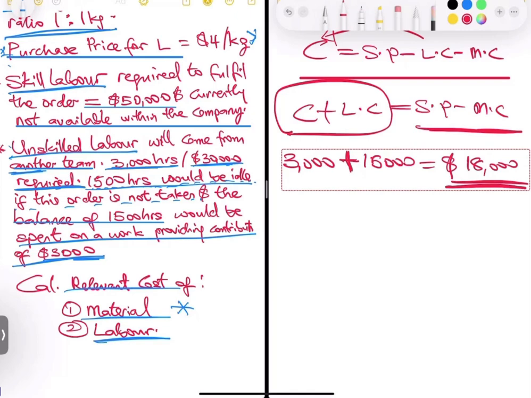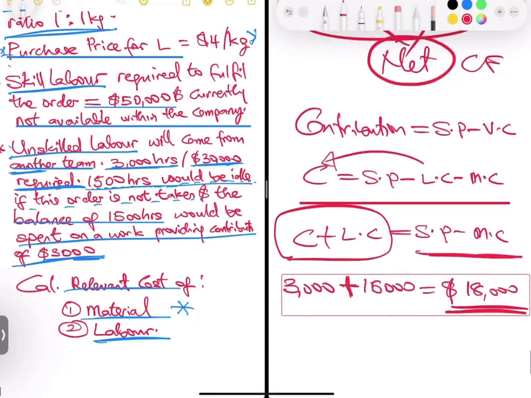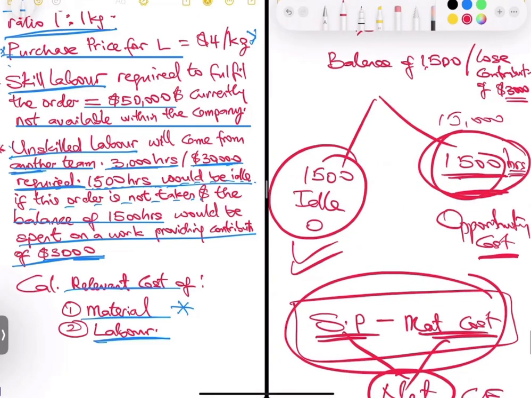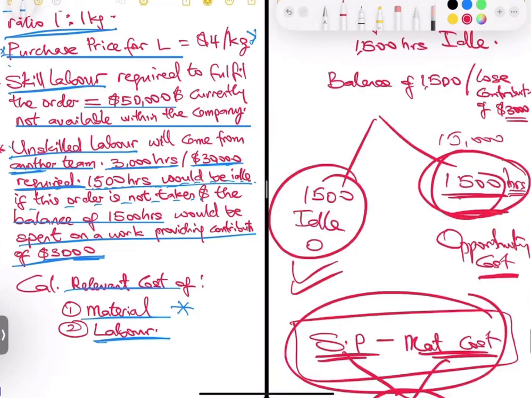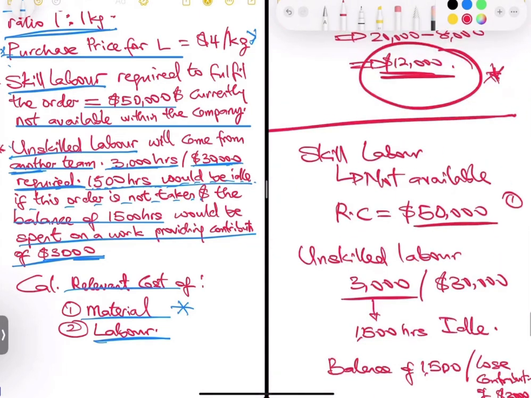I have a question. Okay. The labor cost, are you just considering the unskilled labor, or would you also consider the skilled labor? Because we do have a 50,000 in relevant cost. Yes, for skilled, we're going to add that together for sure. This is for unskilled guys. Remember, we've broken down to skilled labor and unskilled labor.